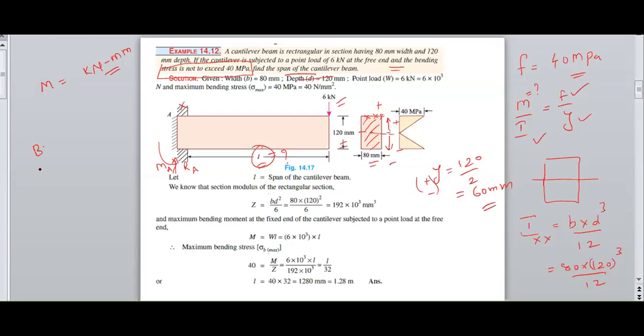The maximum bending moment is M equal to 6 into L. So equating these two, we can find the L value, in meters or in centimeters or in mm. We need to find it and convert it into meters.